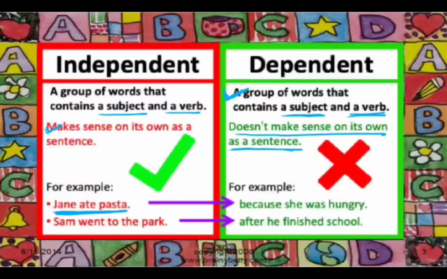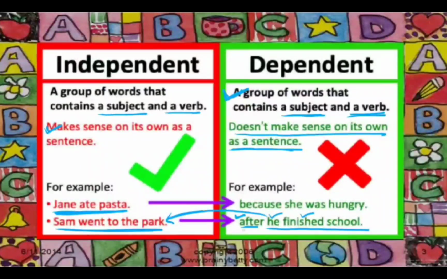Let's look at one more example. Sam went to the park. Complete in itself. When, where? After he finished school. Even this has a subject and a verb, but this is added information to the independent clause and linked with the subordinating conjunction.